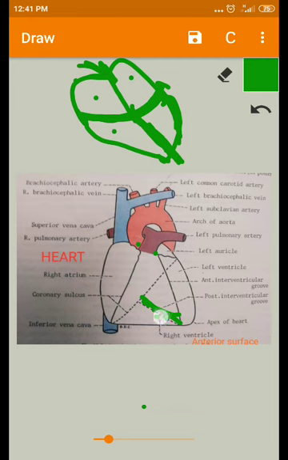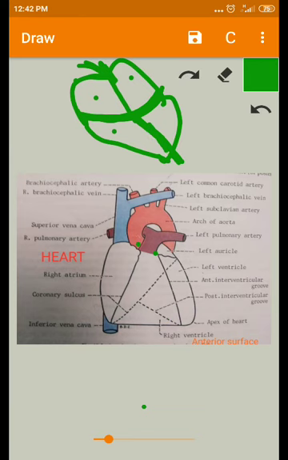So the posterior interventricular groove is situated on the diaphragmatic surface, not border, of the heart. It is nearer to the right margin of the surface.